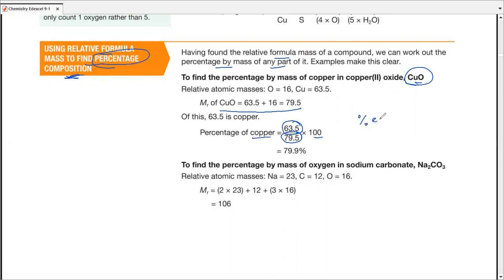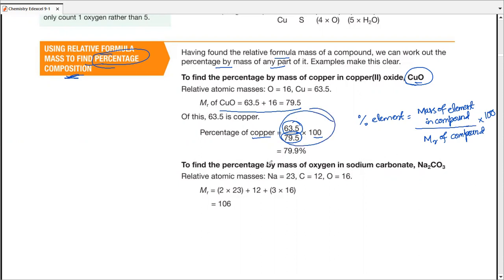Whichever element we need to find the percentage of, the percentage of element is the mass of element in that compound, it can be one atom, two atoms, 10 atoms, it can be anything, over the Mr of the compound, and we multiply it by 100 to get the answer in percentage. That's what we did right there. I hope you get the example.